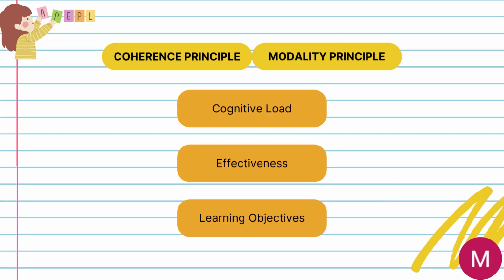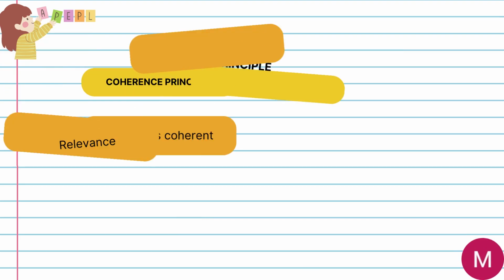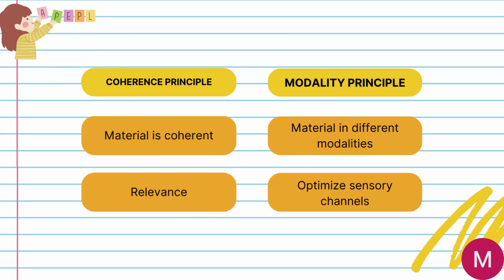When comparing the coherence principle alongside the modality principle, their common goals include reducing the cognitive load, enhancing classroom effectiveness. That includes elements that should align with the learning objectives for your specific lesson. However, they diverge in their approaches with how they use the material.